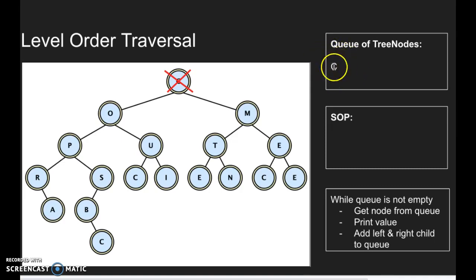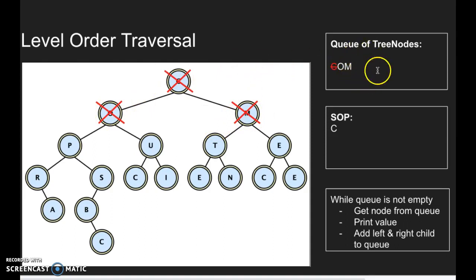I loaded the entire node onto the queue. So I can take this C off, and I will display it, and then I will load the O and the M onto the queue, and so you can see it will look like this. Again, I'm crossing the O and the M out. They are not deleted. I'm just showing that they are loaded into the queue now.